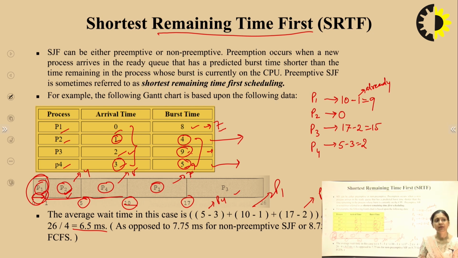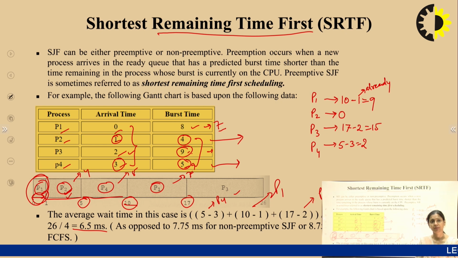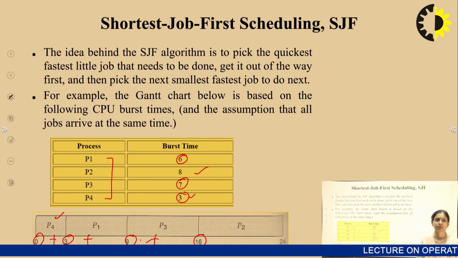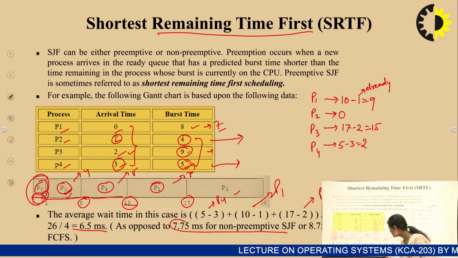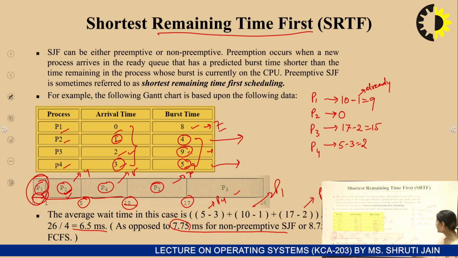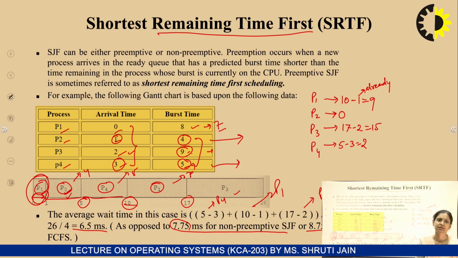If we are going to calculate it on the basis of shortest job first, that is non-preemptive, the algorithm that we had just discussed over here, in that case we'll find out that the non-preemptive SJF will give us an average waiting time of 7.75, and 8.75 will be for if we consider the algorithm as first come first serve.